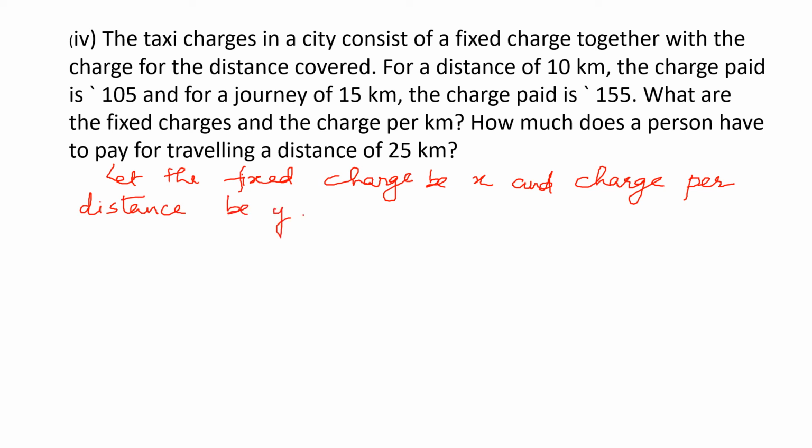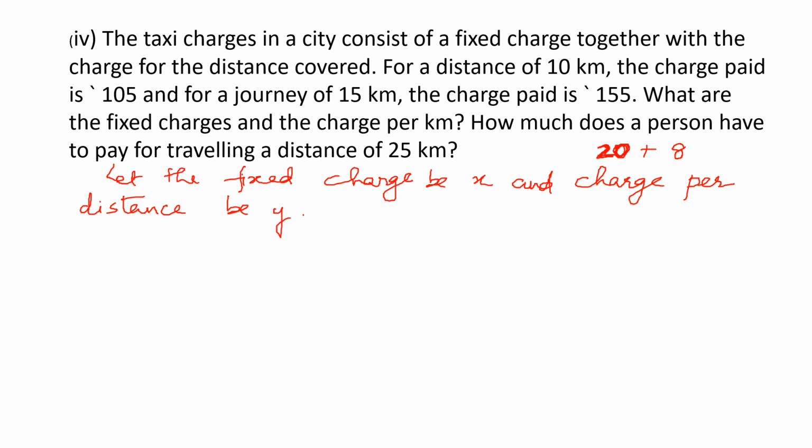Y. That is, children, for example, once you enter into an auto, the minimum charge you have to pay is 20 rupees. Whether you go 1 kilometer or 2 kilometers, once you enter the auto, you have to give 20 rupees. Or for a bus, 8 rupees. That is a fixed charge. Then per kilometer, say they are charging 8 rupees, then after traveling 2 kilometers we have to pay 28 rupees.